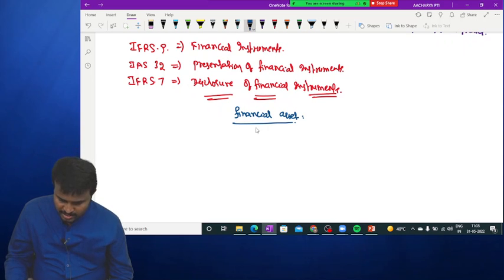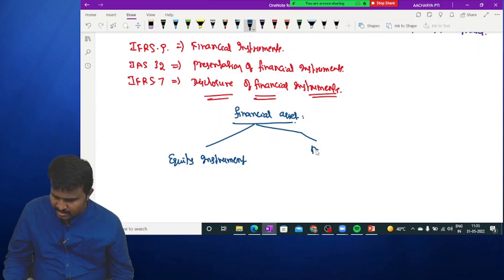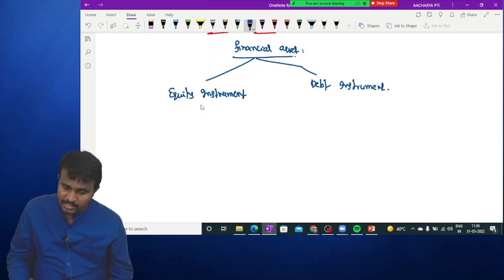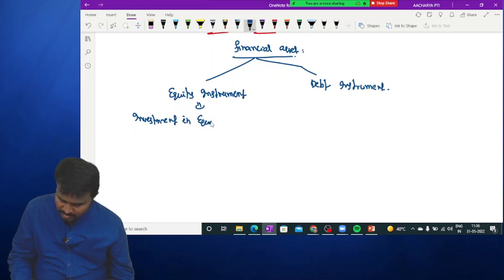So in case of financial asset, there may be an equity instrument, or there may be a debt instrument. Equity instrument is nothing but an investment in equity shares of another entity.